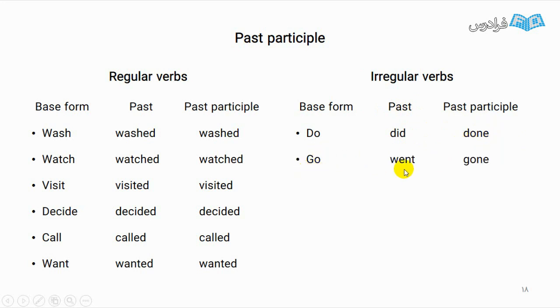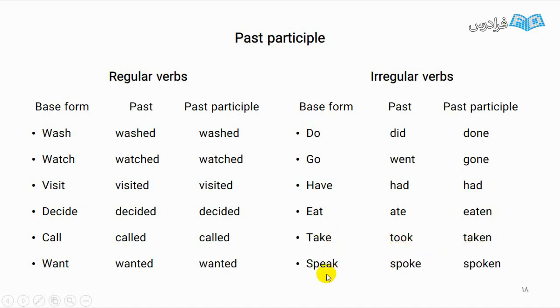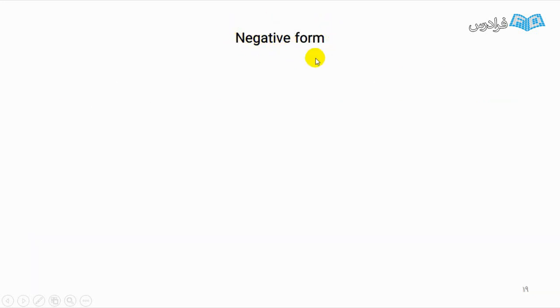Verbs like go, went, but gone. Have, had, had. It has the same form in past and past participle. Eat, ate, eaten. Take, took, taken. Speak, spoke, spoken.